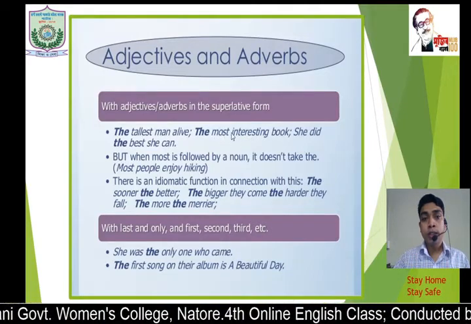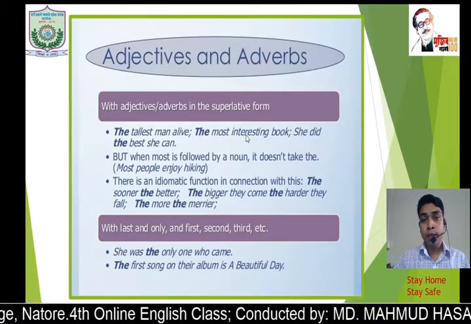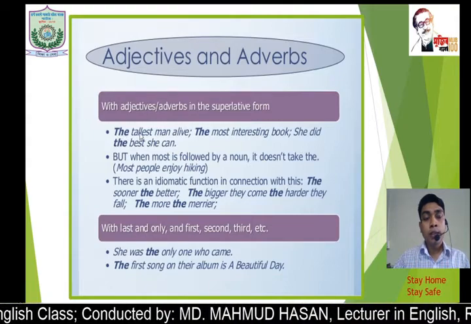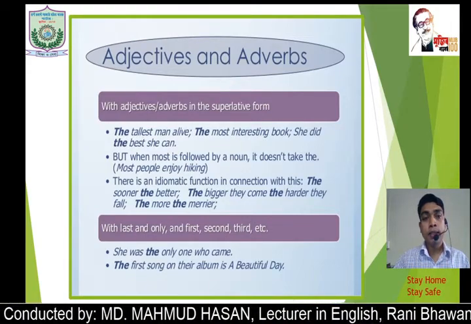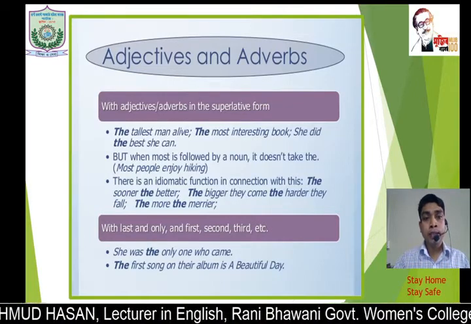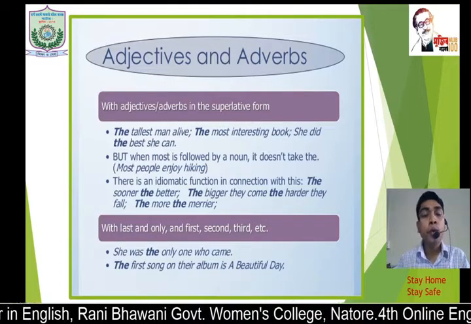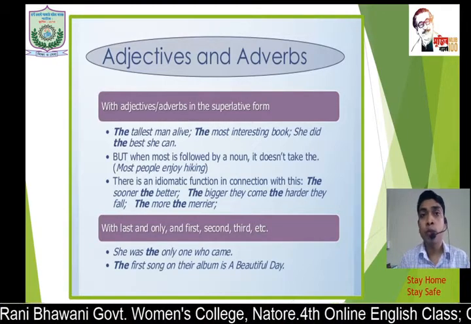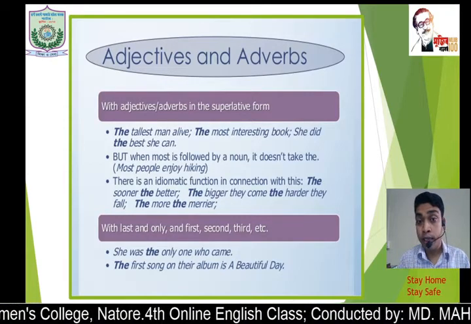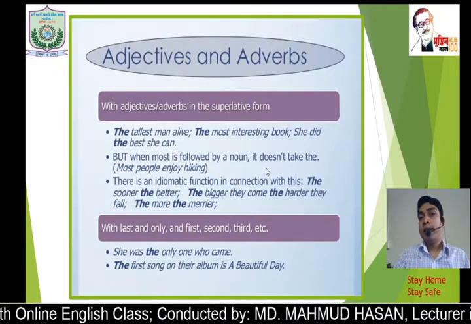Most is an adverb here before an adjective, interesting, and tallest is an adjective. So we put the before adjectives and adverbs. But when most is followed by a noun, not an adjective, it doesn't take the.